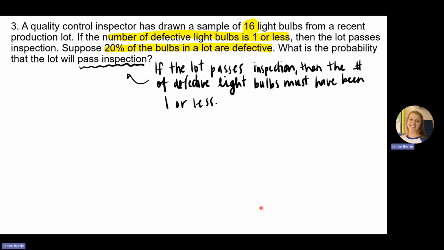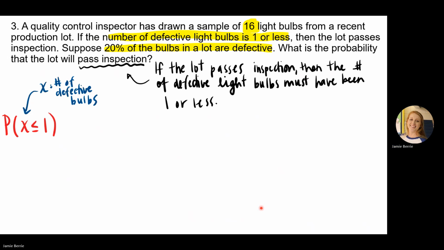If it passes inspection, then the number of defective light bulbs must have been one or less. So that's the probability that X is less than or equal to 1. You could reframe that and say the probability that it passes inspection is the probability that the number of defective light bulbs is 1 or less.